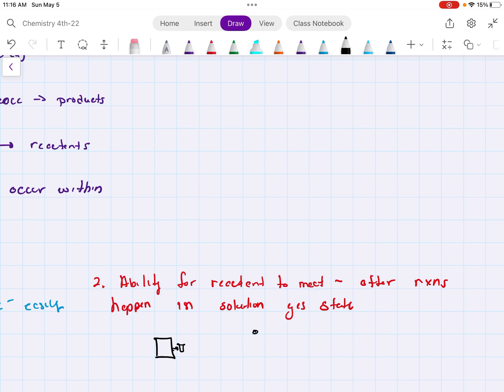Now, if you have molecules that are floating around in solution, and you have another molecule in there intermingling with other individual molecules, you're going to have much more interaction, and a better ability for the reaction to move forward, right? So you want to see that these reactants are able to come in contact and react with each other.